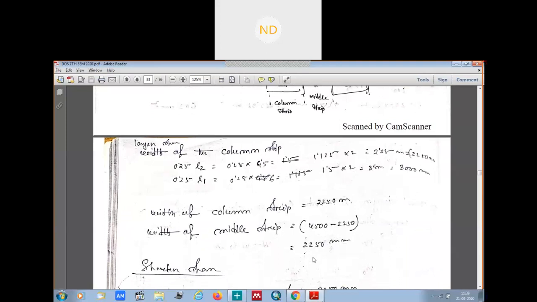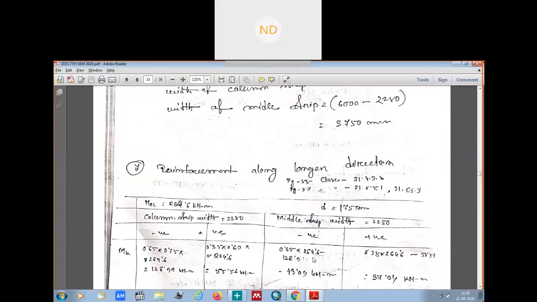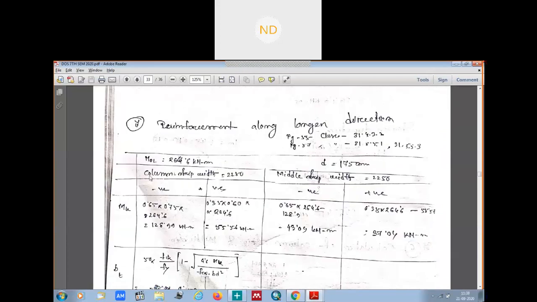Okay, so now when we go to this table, for the column strip we will have different areas of reinforcement for negative moment and for positive moment, similarly for the middle strip also. So here is the calculation of the ultimate design moment.